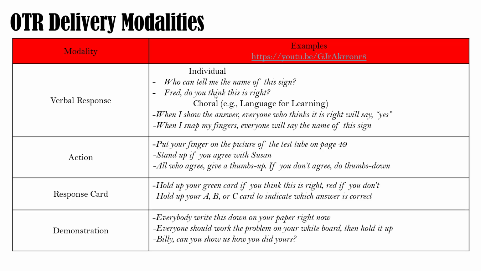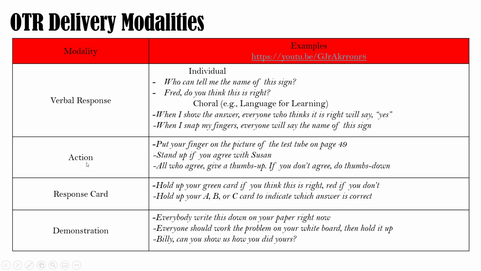So you'll say something like, when I show the answer, everyone who thinks it is right will say yes. You show the answer, everybody says yes. Or the more typical one, when I snap my fingers, everyone will say the name of the sign. You snap your fingers and everybody says the name. So it's a good way to get all of your kids to verbally respond in the classroom.